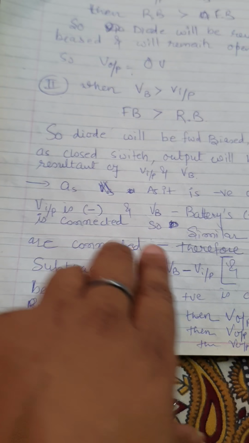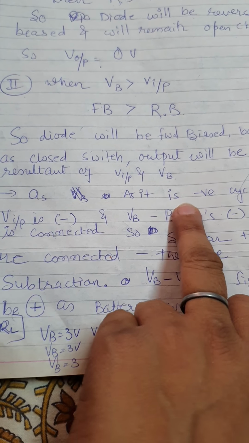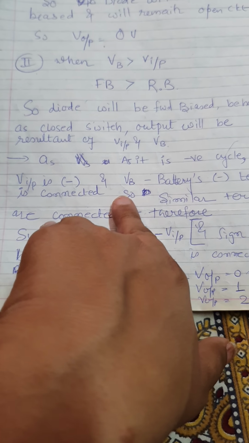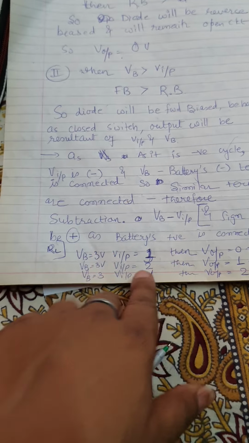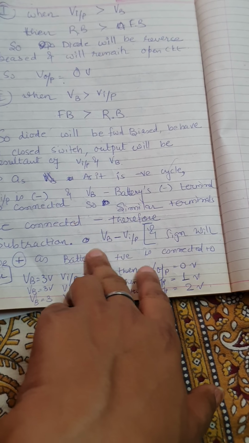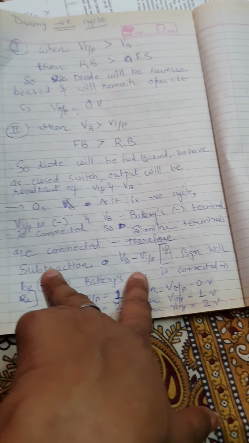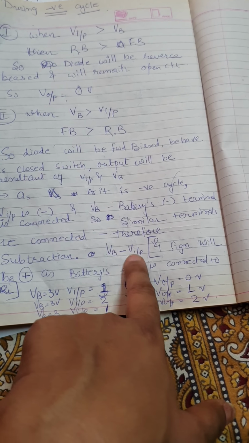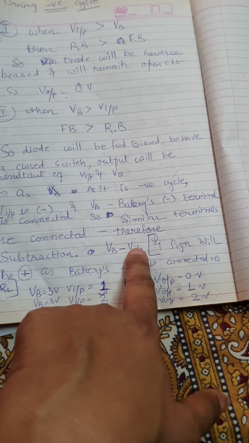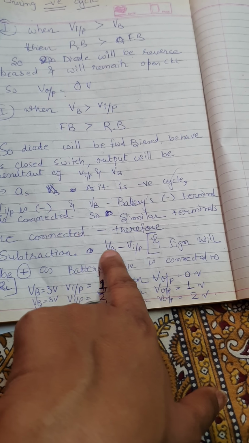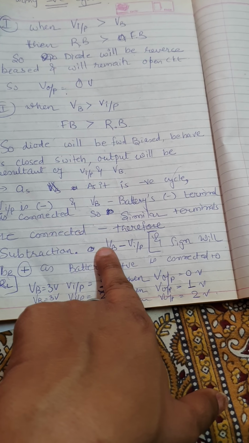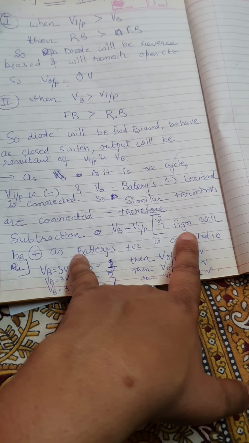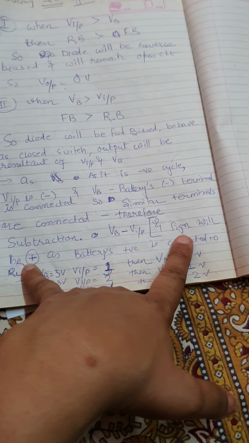Because it is the negative cycle and VB is greater than V input, when similar terminals are connected there is a subtraction, and as VB is greater than V input, V input will be subtracted from VB. So it would be VB minus V input, and the sign of the final output will remain positive.